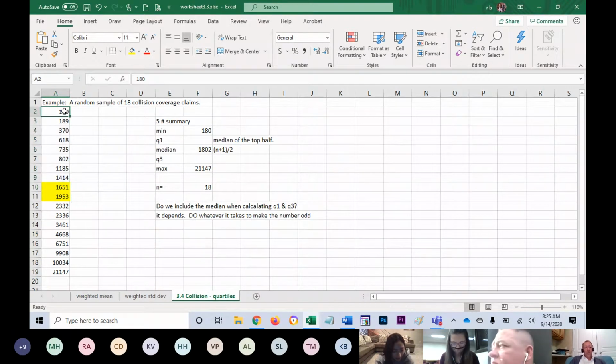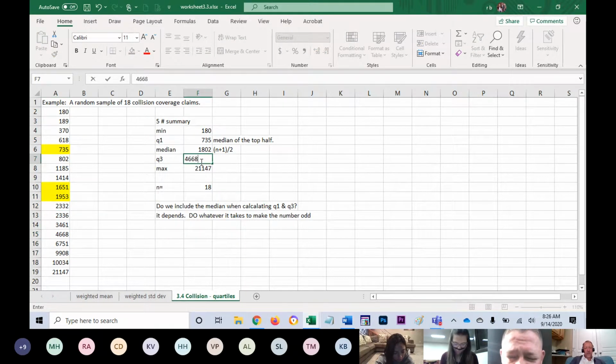So I go 1, 2, 3, 4, 5. That becomes quartile 1, which is 735. I'm going to do the same thing down here. I want 9 here, so I include part of the number that we use to calculate the median. So 1, 2, 3, 4, 5. This works out to be 4668.